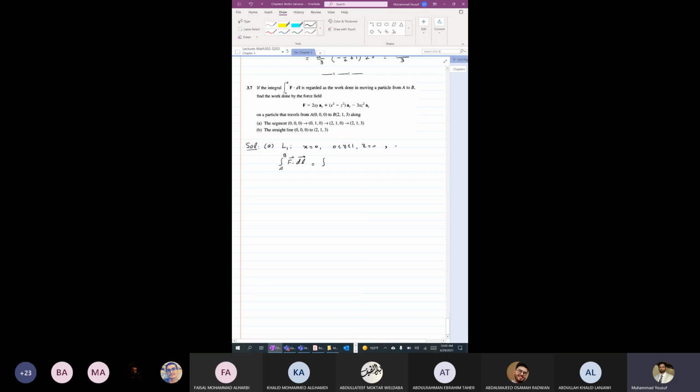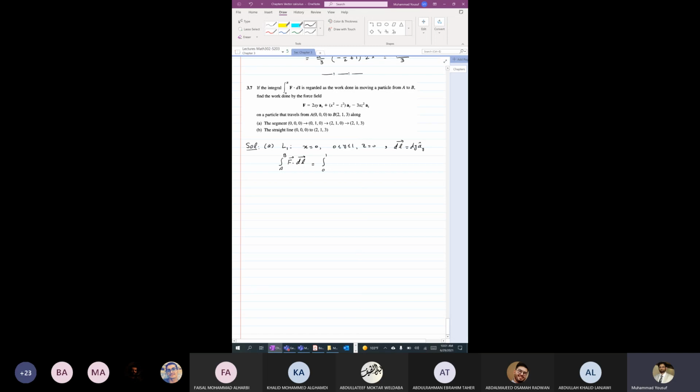So dl will be equal to dy ay hat, because dx is 0 and dz is 0. So only y is left, and y is from 0 to 1.